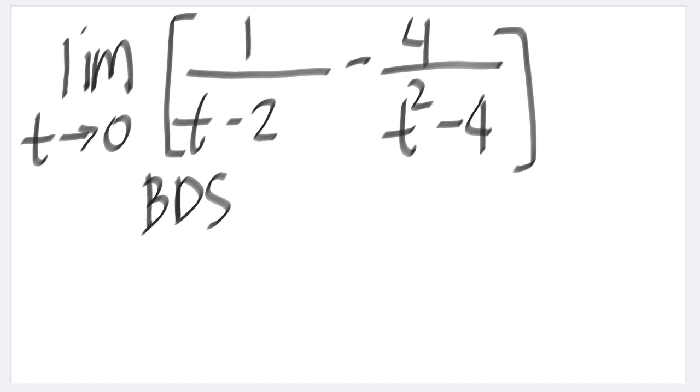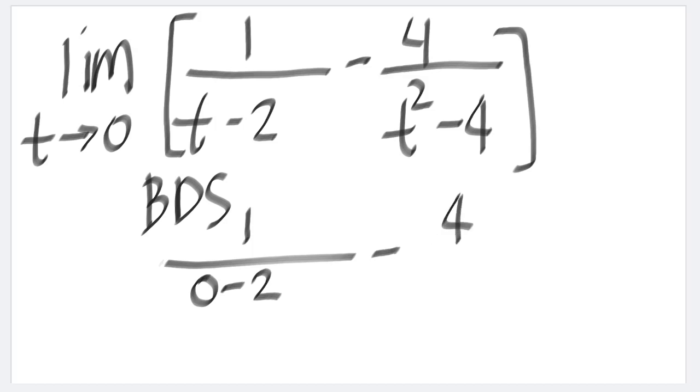So by direct substitution, the limit of 1 over t minus 2 minus 4 over t squared minus 4 is equal to 1 over 0 minus 2 minus 4 over 0 squared minus 4.